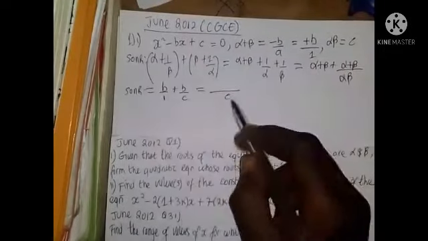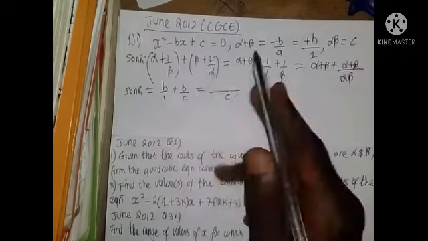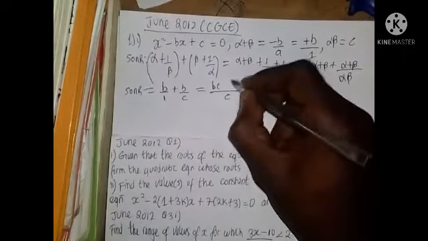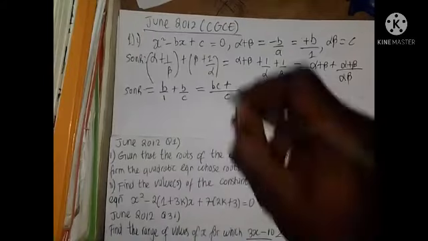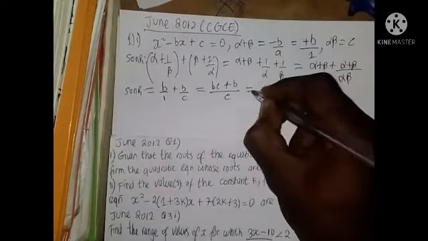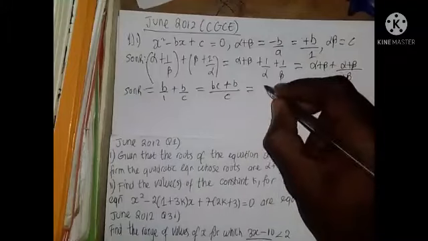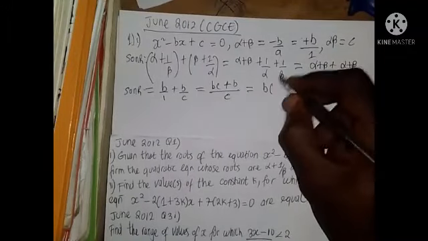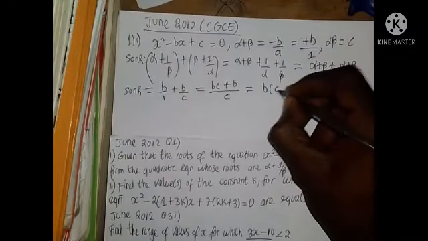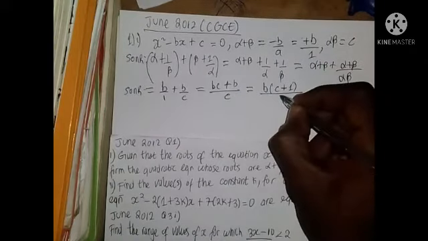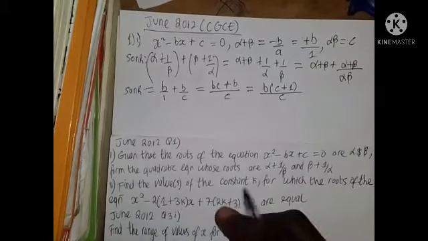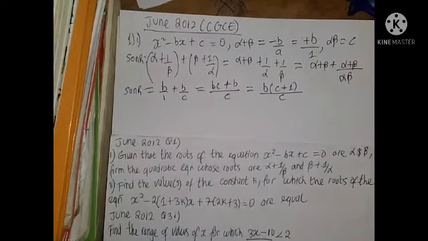Okay, so c divided by 1 is c times b, we have bc, plus c divided by c is 1 times b, we have b. So simplifying the numerator, we're going to have b into c plus 1 divided by c. This is for the sum of new roots.